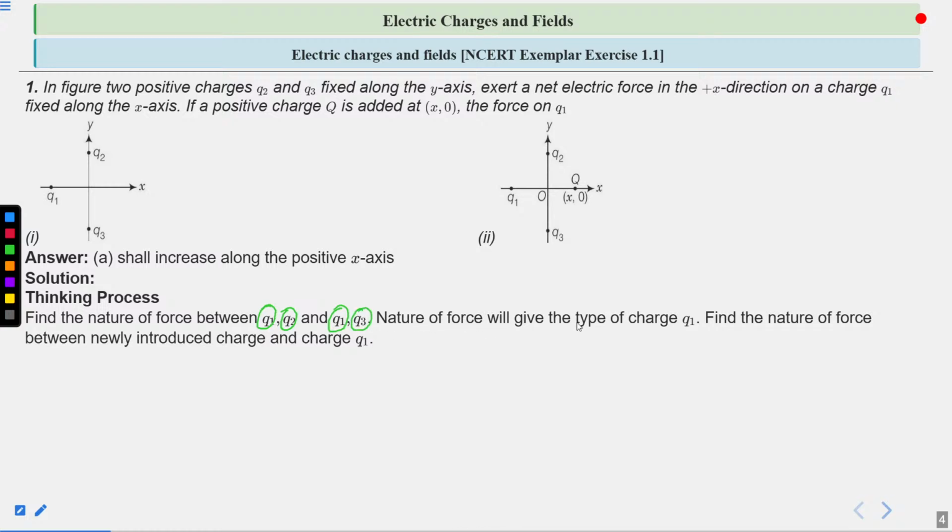The nature of the force will give you the type of charge, positive or negative. After that, find the nature of force between the newly added charge and charge Q1. So here the newly added charge is which one? This, yes or no? Capital Q is the newly added charge.